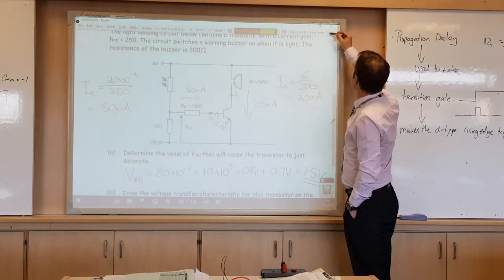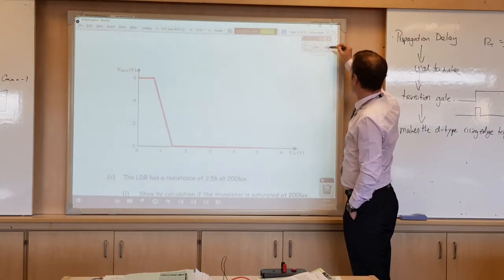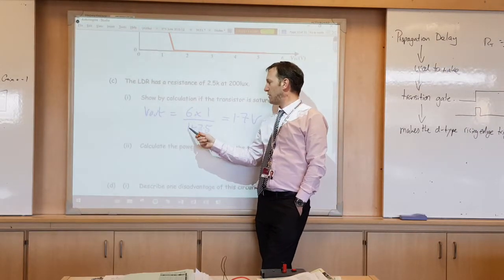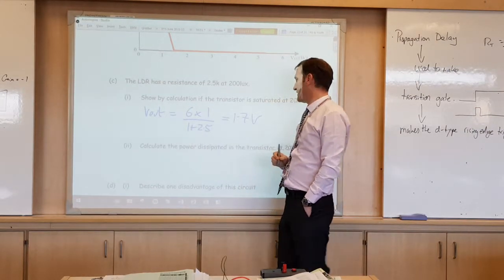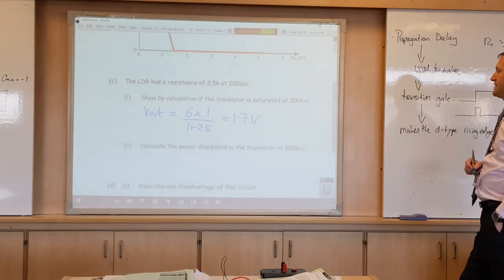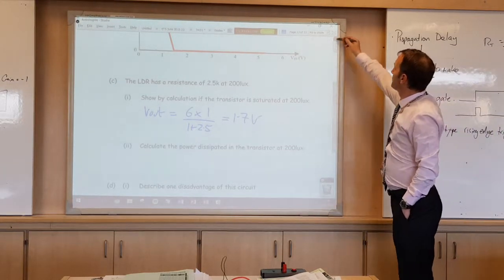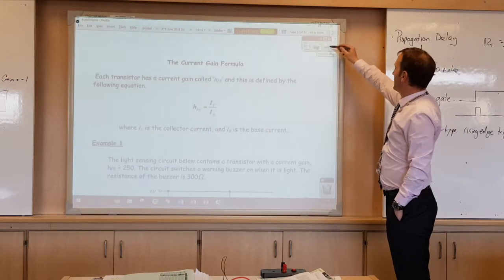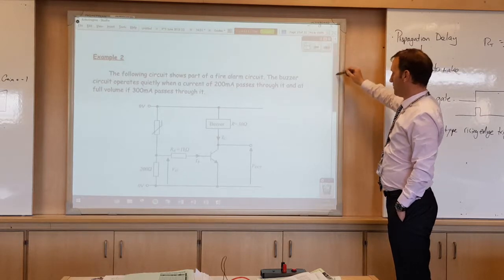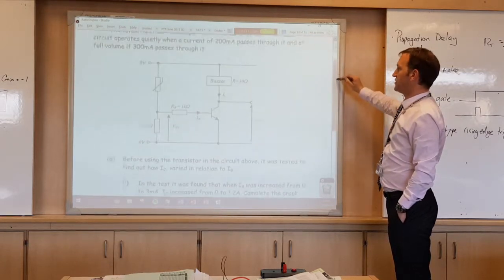So we use the potential divider formula: 6 times 1 divided by 1 plus 2.5 is 1.7 volts. Is that saturated? Yeah, because it's saturated at 1.5. So that means it is saturated.